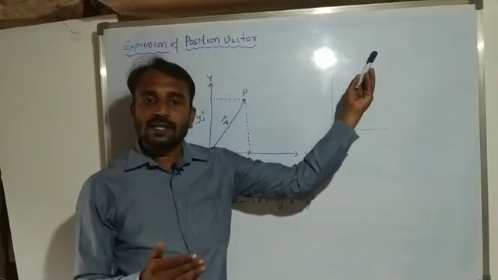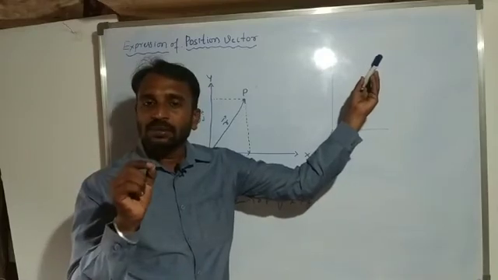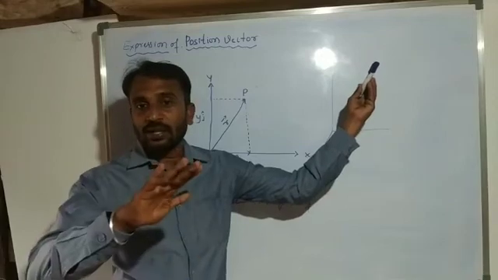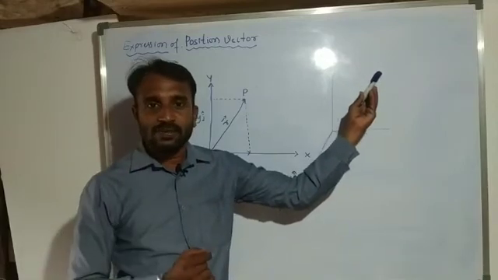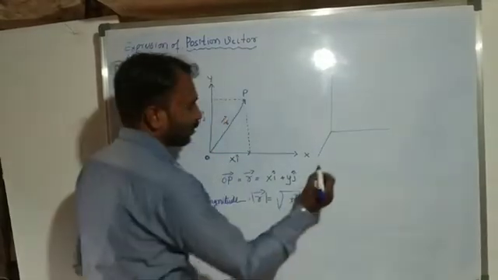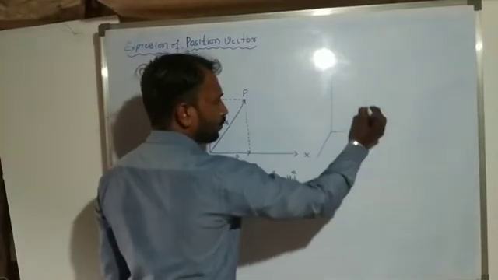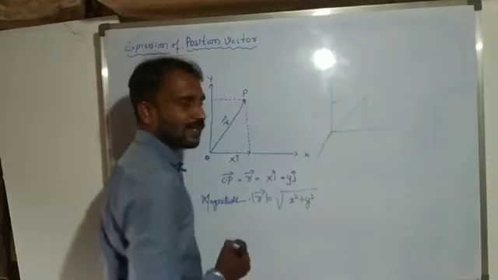Along the x axis i cap is the unit vector, along the y axis j cap, and along the z axis k cap. Suppose this one is the object at x, y and z.